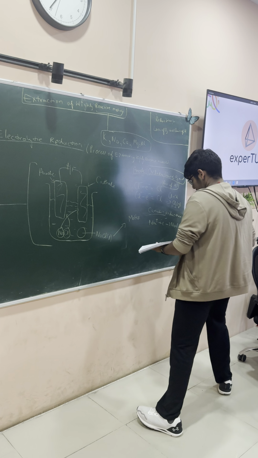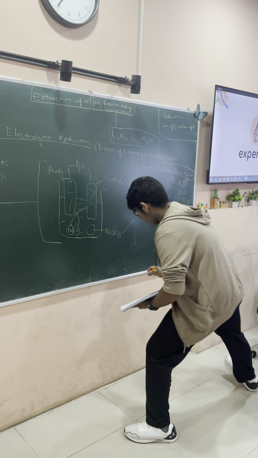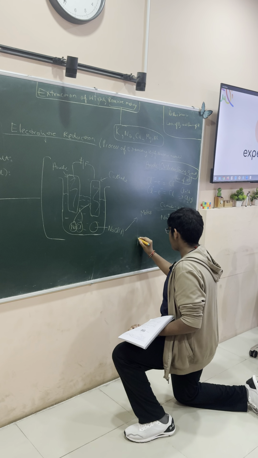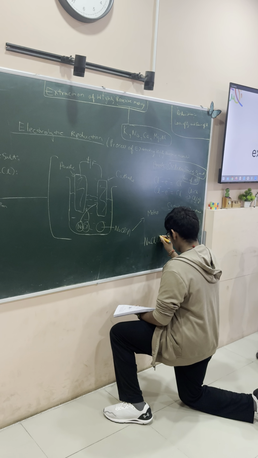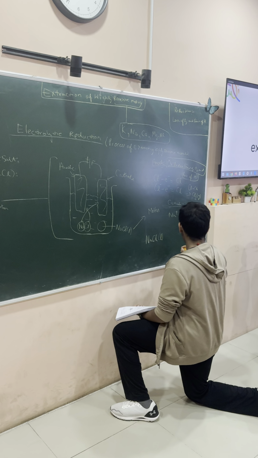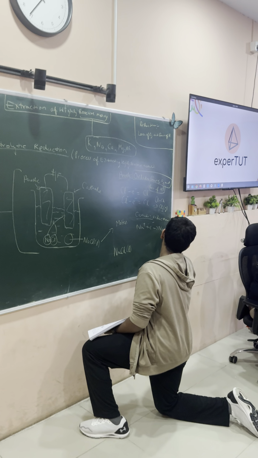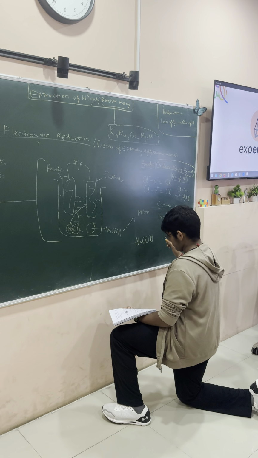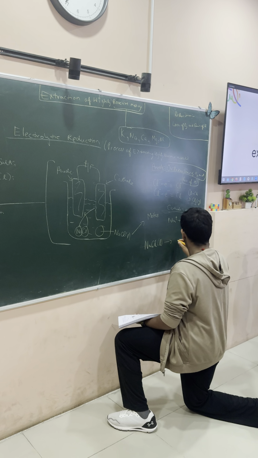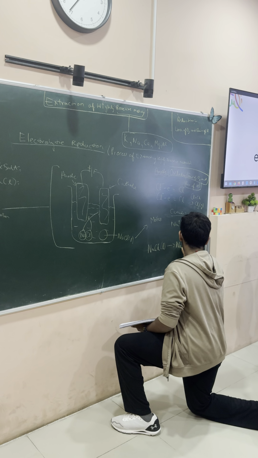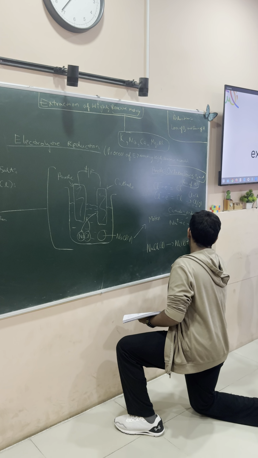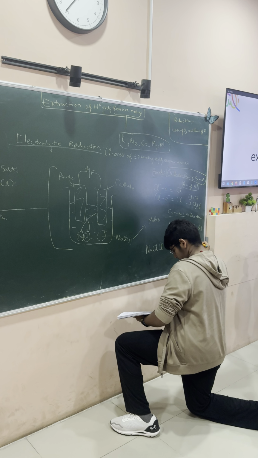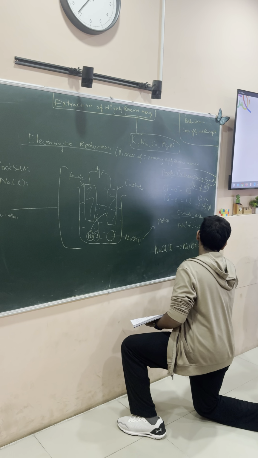So basically, NaCl in its liquid form gives you Na in its liquid form plus Cl2, which is chlorine gas.